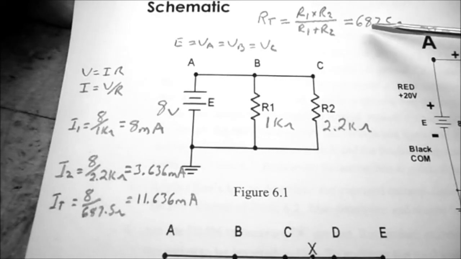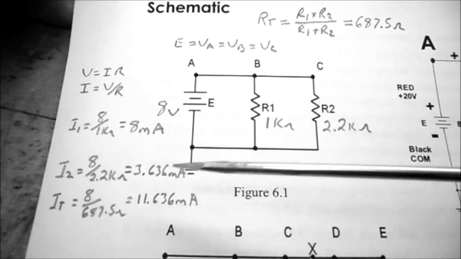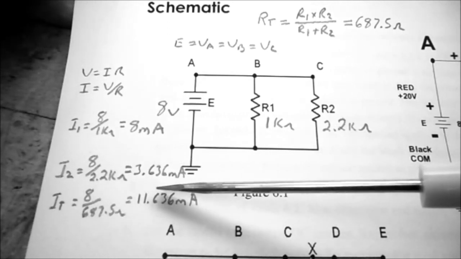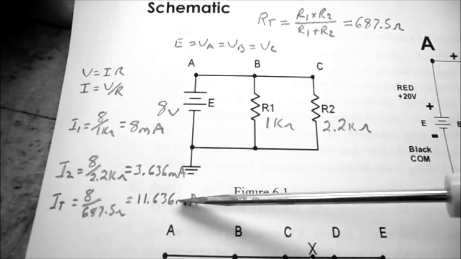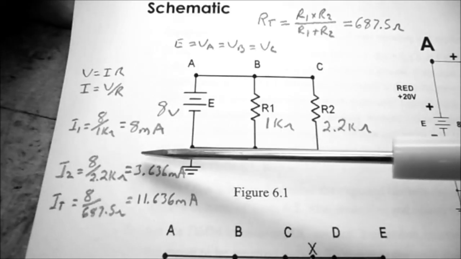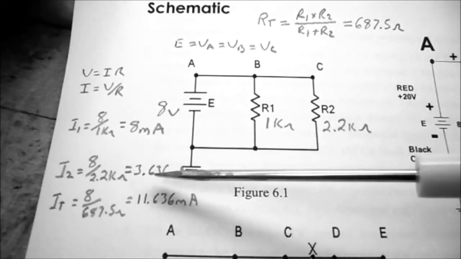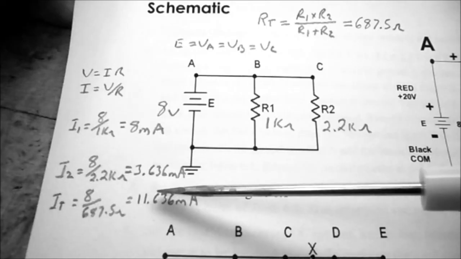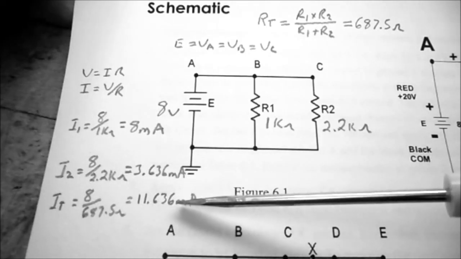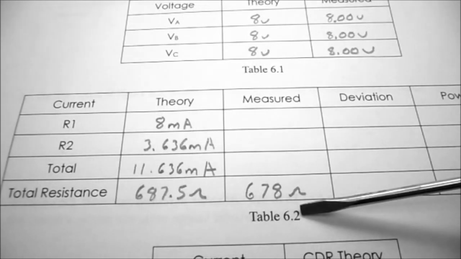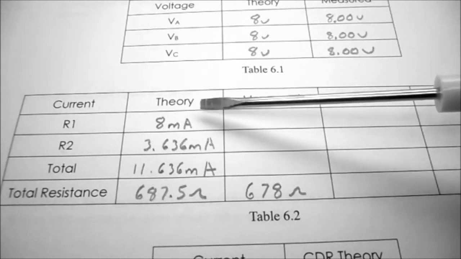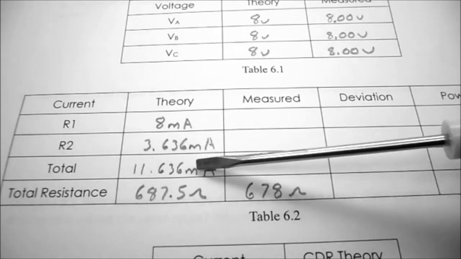So the total resistance is 687.5 ohms. So that equals 11.636 milliamps. And you can see 8 plus 3.636 equals 11.636 milliamps. So in table 6.2, in the theory column, I've recorded my calculations.